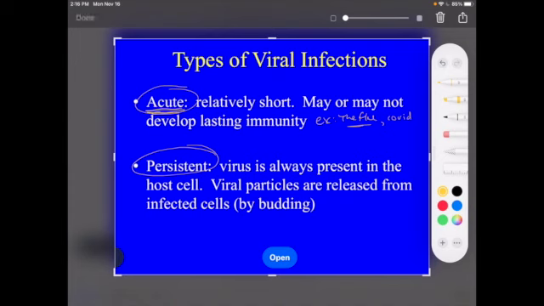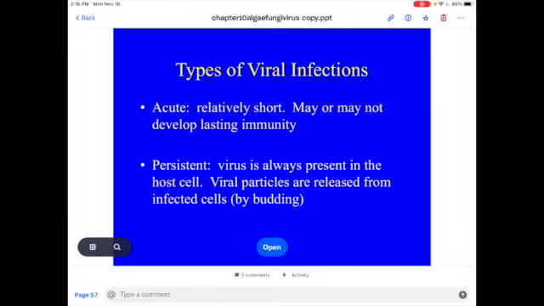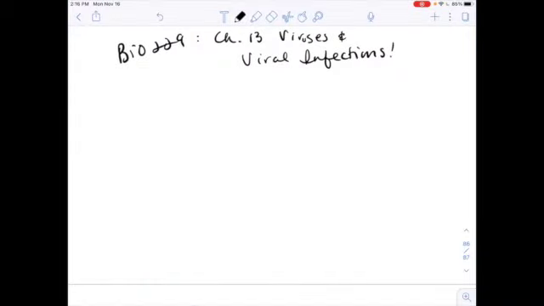So let's delete that screenshot there. Okay, but some are persistent infections. So let's talk about this. I'm going back here. And you know what? Let's do a little graph here. It is so weird to be using black ink.